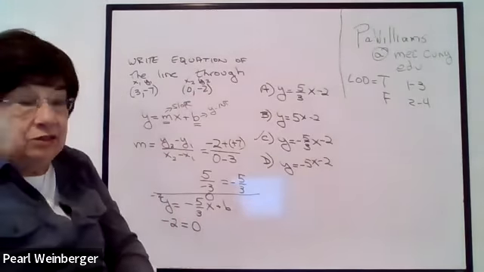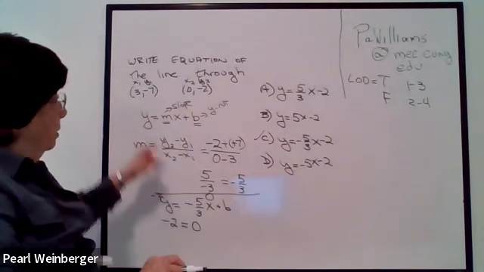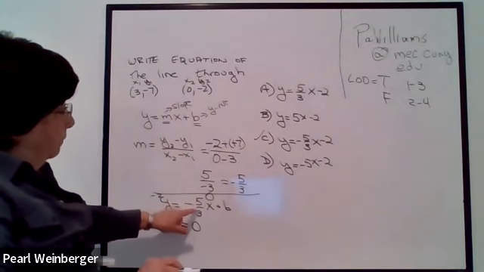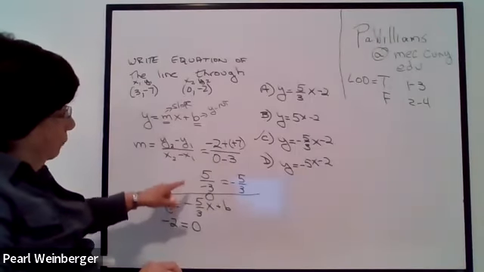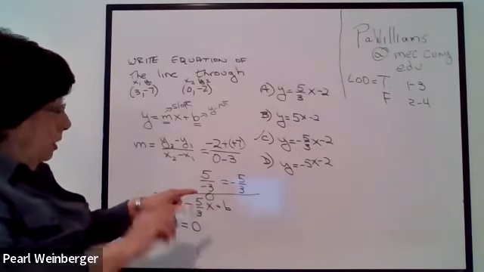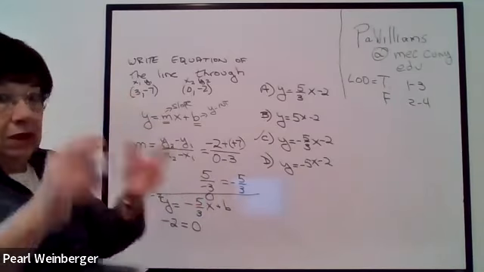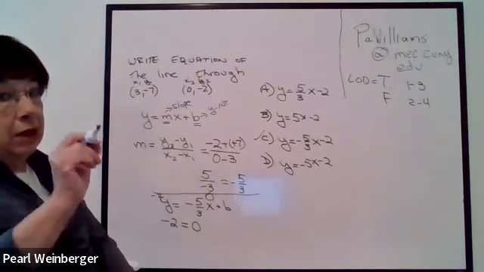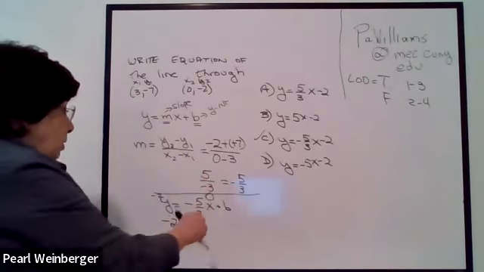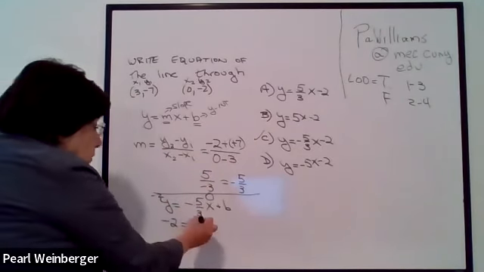Again, if it's not such an easy multiplication, you could do it on your calculator. Let's say you wanted to do -5/3 times 3. Then you would do -5 divided by 3 on your calculator times 3 and press equal, and it'll give you the answer. Make sure you're okay with using your calculator. But in this case, this was a 0. 0 times anything is 0.